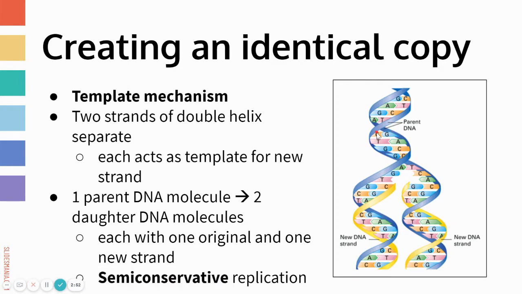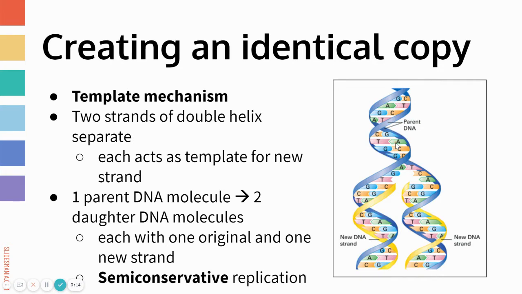So remember that DNA has two strands, right? And the nitrogenous bases connected to each nucleotide are complementary to one another. So where we find a G, we'll also find a C. Where we find a T, we'll also find an A. And so what's going to happen is that the two strands of the parent DNA are going to separate.